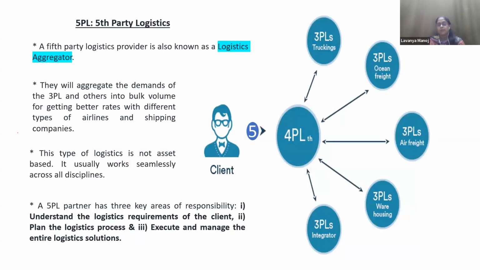And then finally, the fifth party logistics provider. Here Mr. Subir has completely expanded the market all over Kerala. Customers have become more, and the demand for the product has increased.